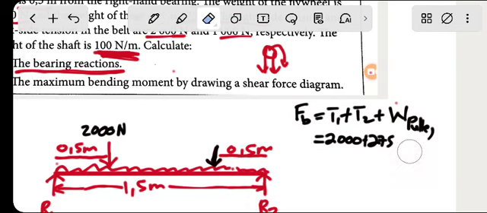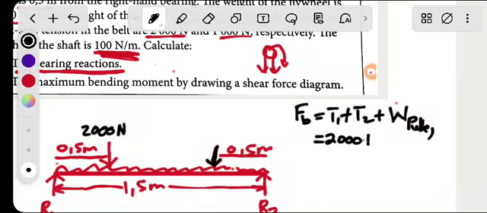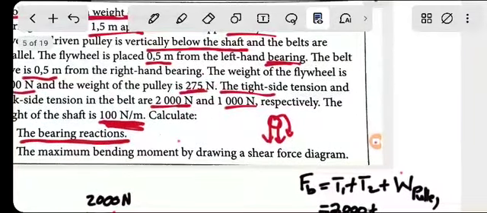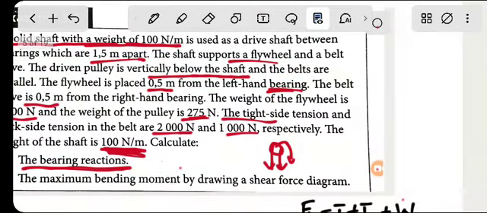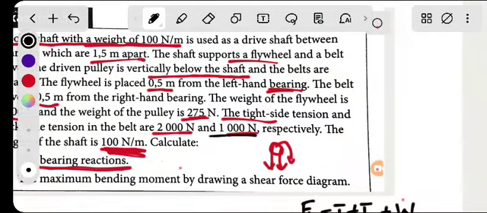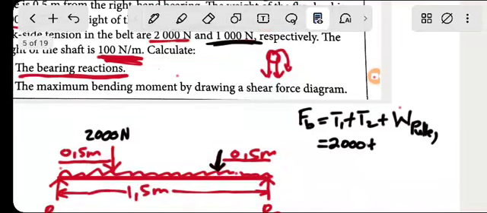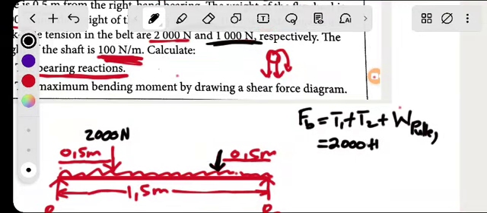Okay, I've made a mistake. T2, what is it? T1 and T2, this is 1000. The pulley is 275. Okay, there I add 1000 plus 275, then this will be equal to what?